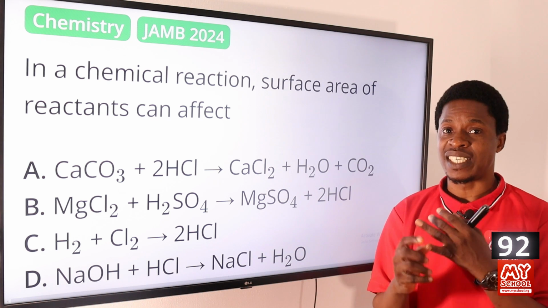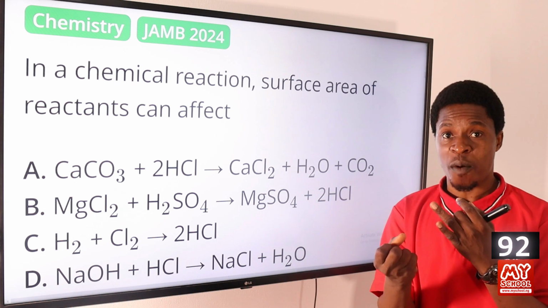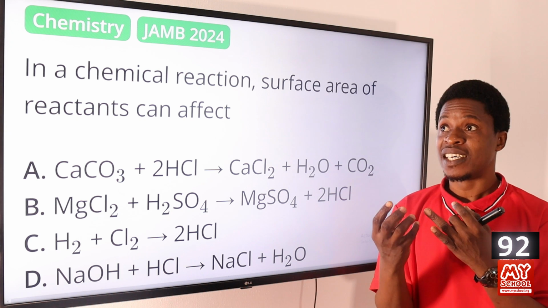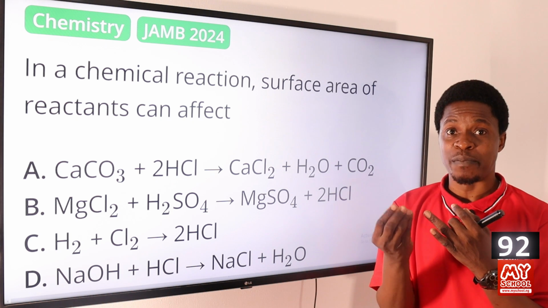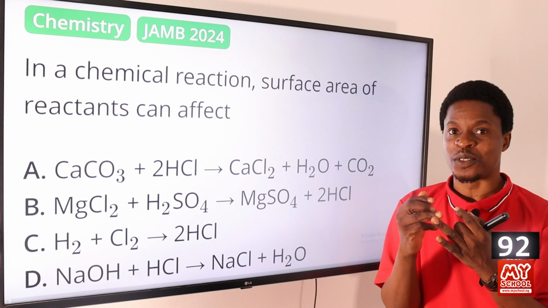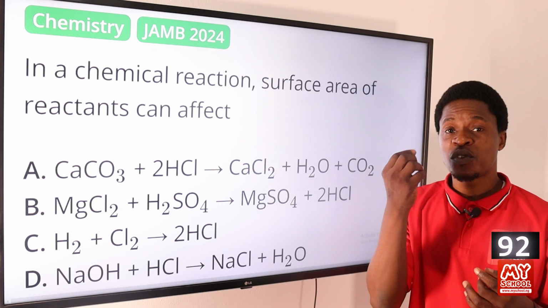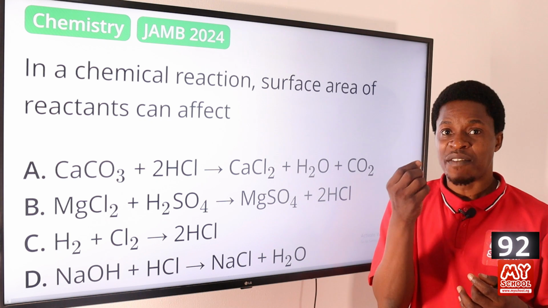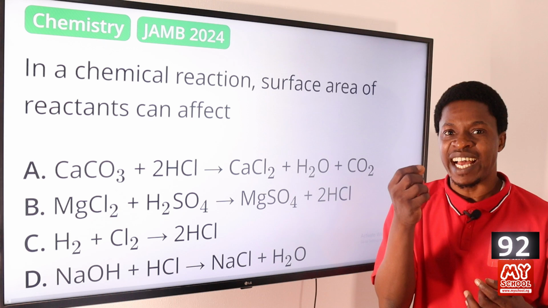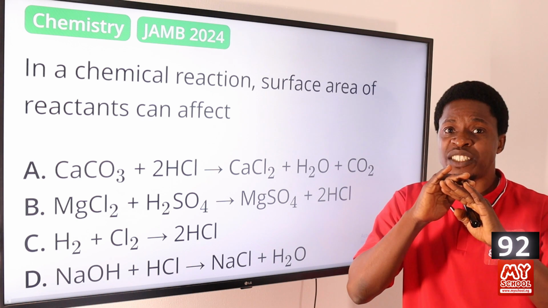If the same substance is in solid form, let's say in grains or in pellets, the rate of reaction is going to be slower compared to when it is in powdery form, because in powdery form the particles are fine. The particles are very tiny and small, so there's going to be a larger surface area.